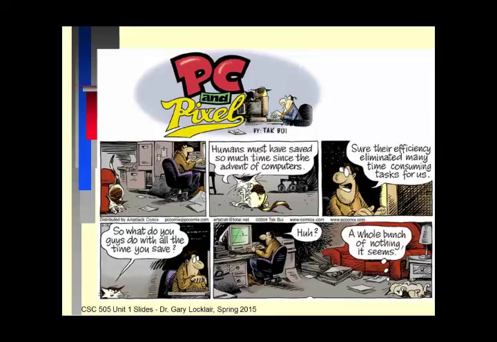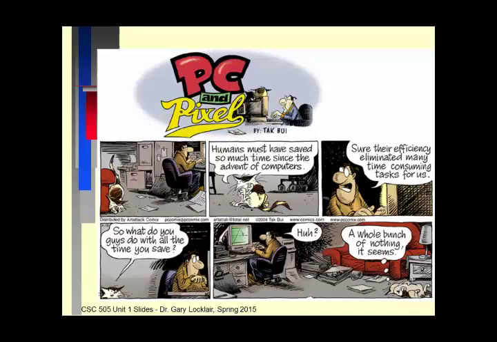In the second half of the 20th century, people talked a lot about the productivity and efficiency advantages that technology was going to give us. We were only going to have to work 5 hours a day because computers were going to be able to get more done, so we wouldn't have to work 8 hours.